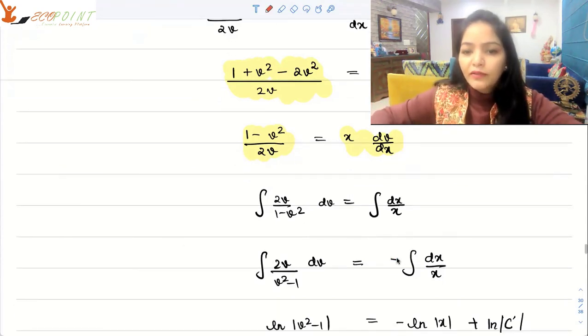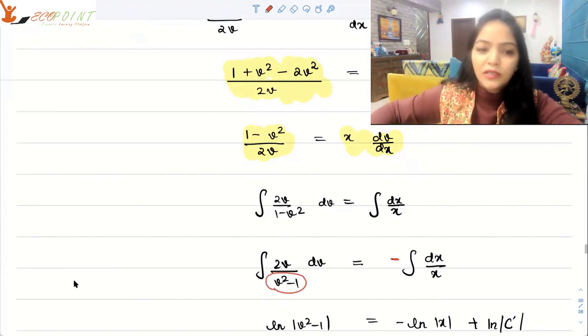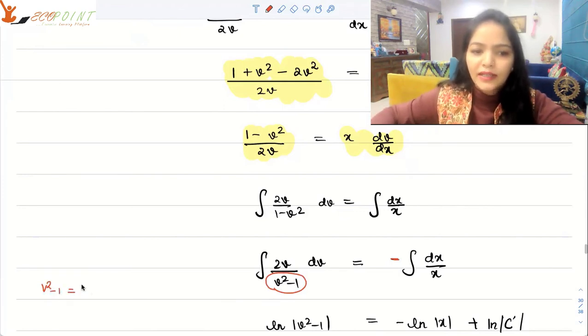So here you have a minus sign now, and instead of 1 minus v square, you have v square minus 1. Now you can make a substitution, take v square minus 1 as t. So 2v dv is equal to dt.